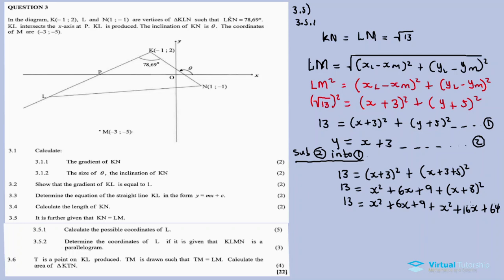Then you simplify accordingly, collecting like terms. So therefore I think 13 is equal to 2x squared, 6x plus 16x is what? Is 24, is it?